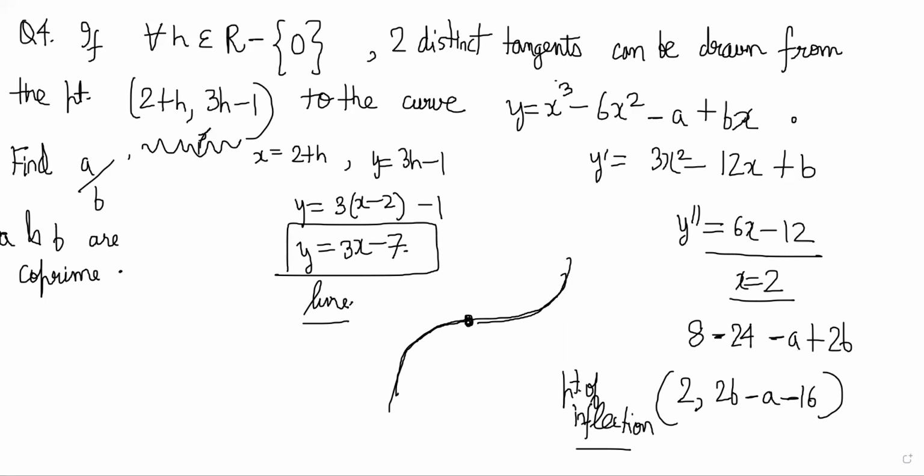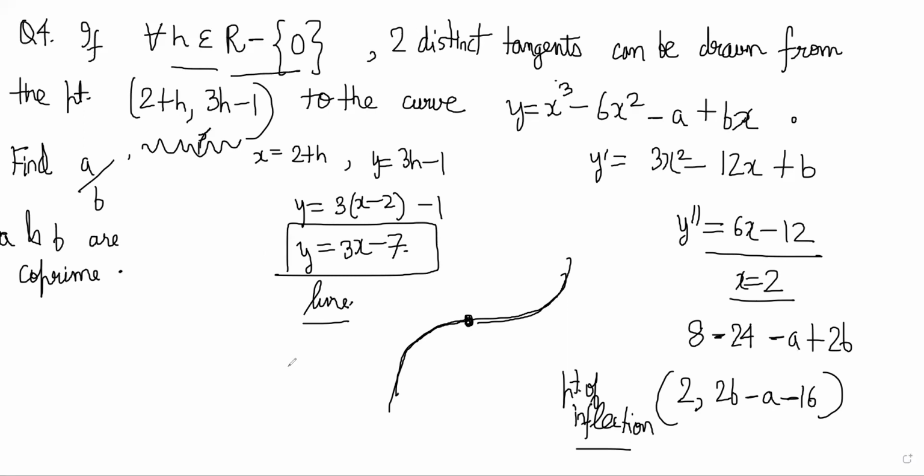So if you think of the straight line y is equal to 3x minus 7, that straight line will pass through (2, something). From any point on the line you can draw two tangents.